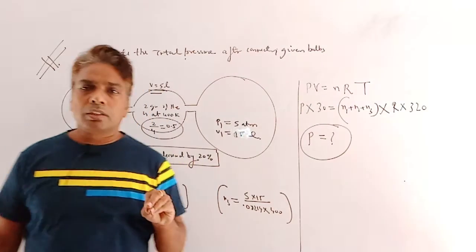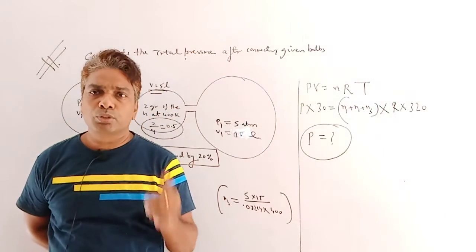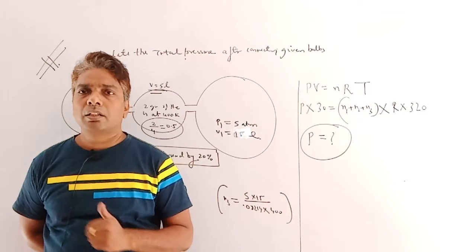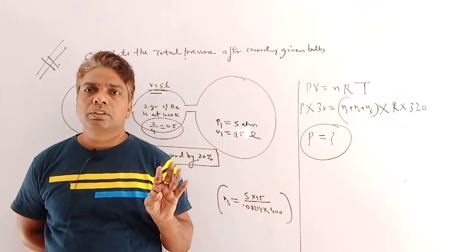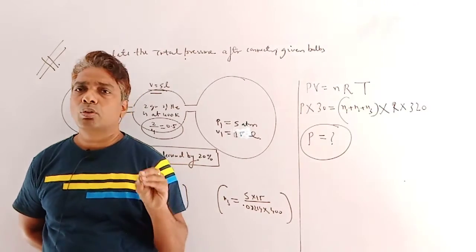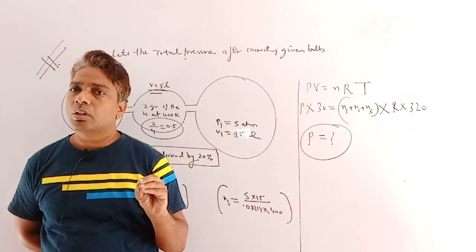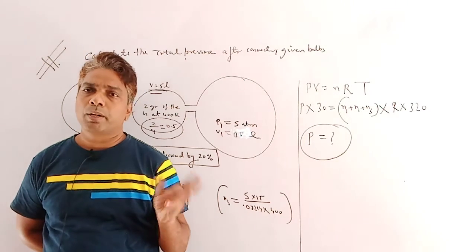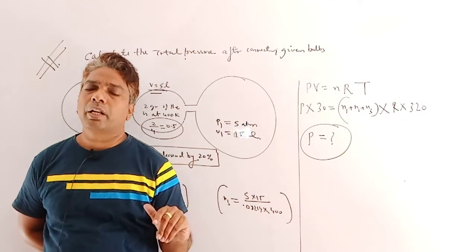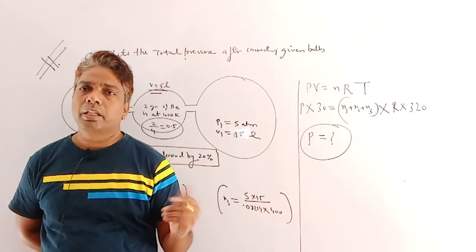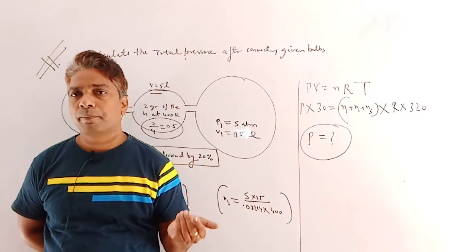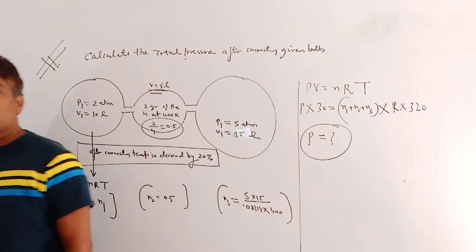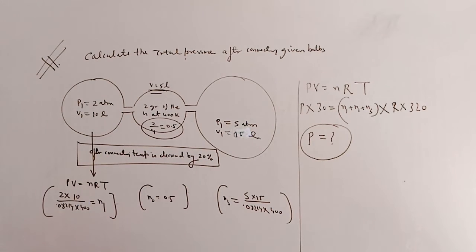Initially calculate the number of moles in each bulb, and after adding, we can easily calculate the total number of moles. Total volume is also given. So by using further PV is equal to nRT, we can easily calculate the total pressure. Clear? So this is the way of solving such types of problems.